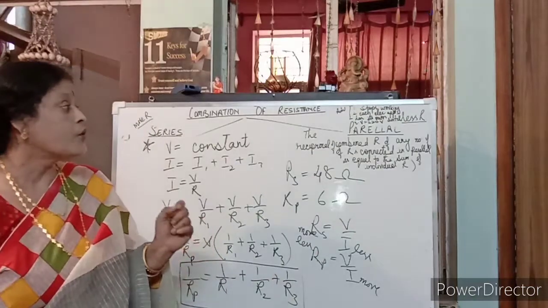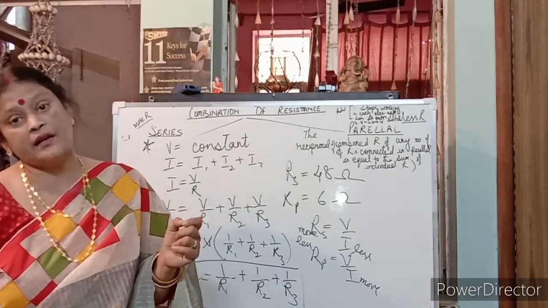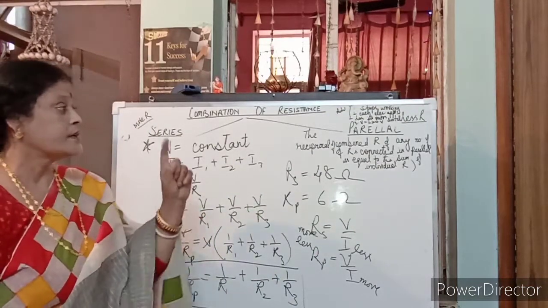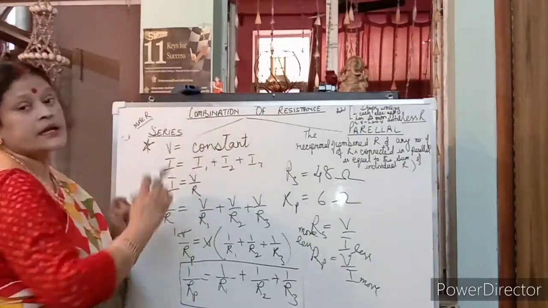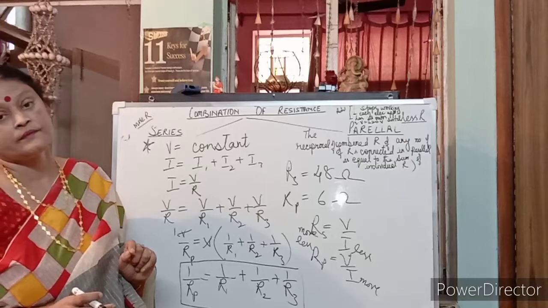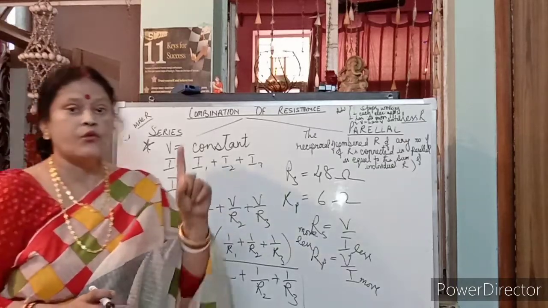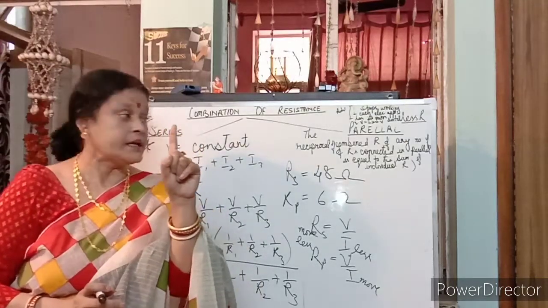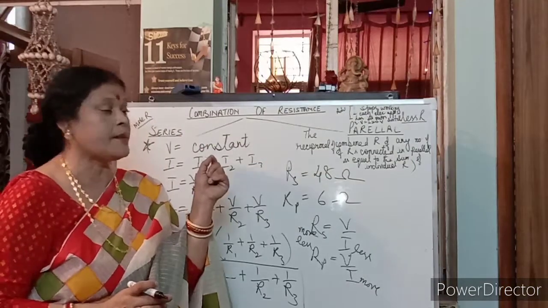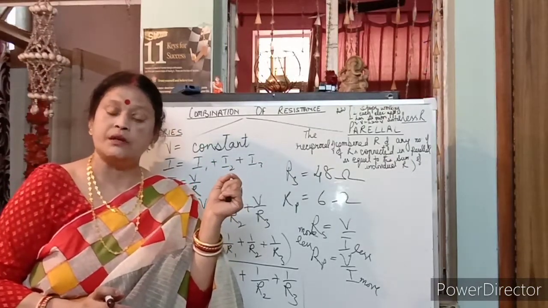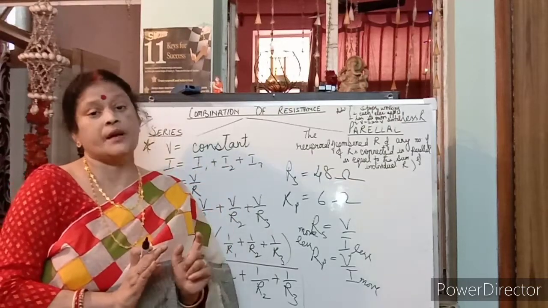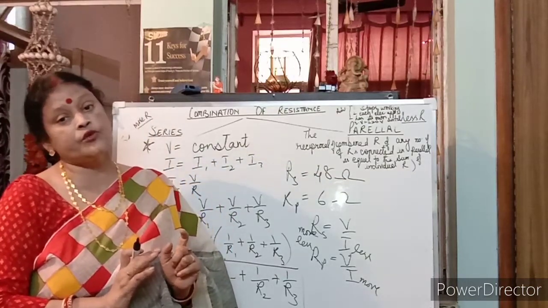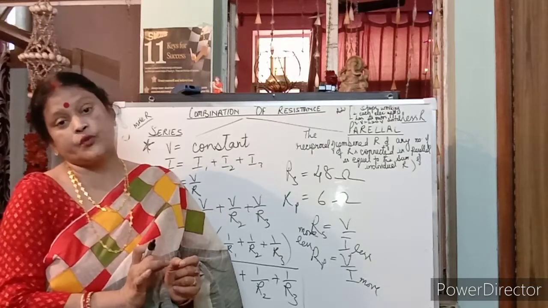Now, the advantage of parallel combination. In this, if one appliance stops working, another appliance will keep on working. Another one is the switch: each electrical appliance has its own switch. It is not necessary that every room, every gadget, is controlled together, since the parallel combination goes to every room and every gadget has its own switch.